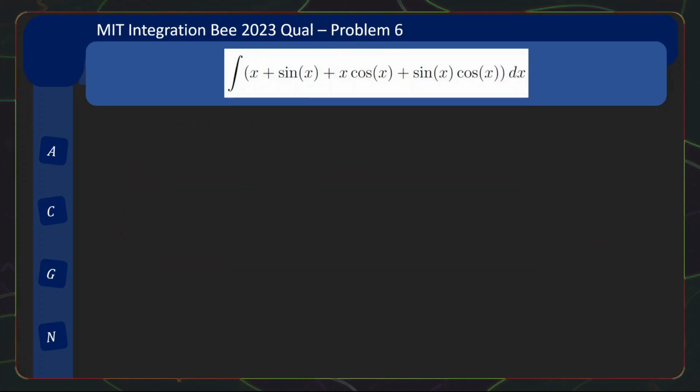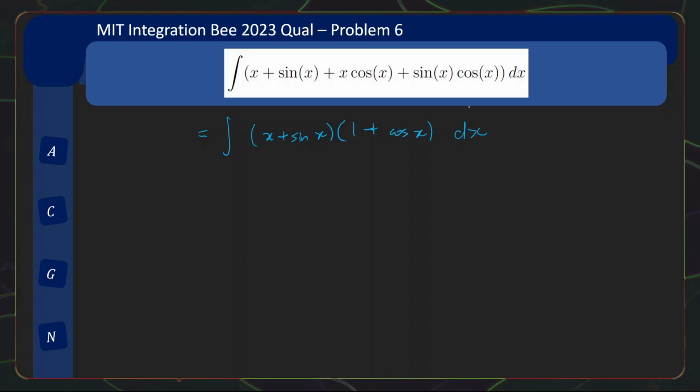Okay, let us take a look at problem 6. So over here, we have a trigo integral. We have x plus sine x plus x cosine x plus sine x cosine x, which looks like a mouthful and complicated looking string of terms, but it looks very suspiciously factorizable, and indeed we can write this as x plus sine x times 1 plus cosine x.